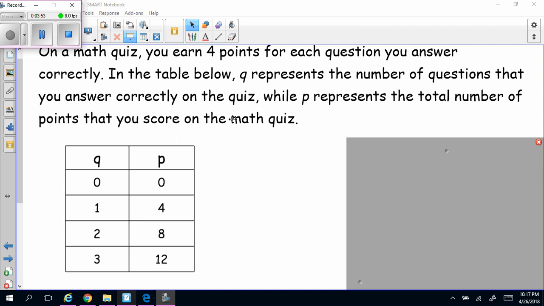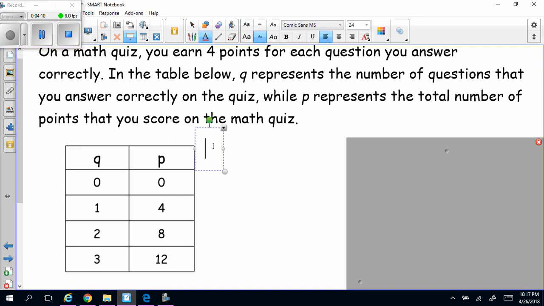So look at P. When you're thinking about taking a quiz, you want to get the best grade possible. But the number of points and grades you get on a quiz depends on how many questions you got right. So in this case, your independent variable would be Q.